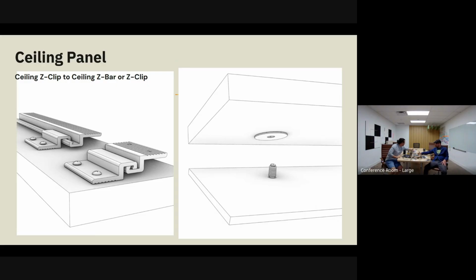I have the wrong one. I have the one that has the lollipop in it. So this portion here gets hidden into the panel. That's what gets screwed in. So all you're going to see is this flat piece. And this one is for a cloud. So it has what we call a lollipop. So you have basically an eye hook that you can hang from.